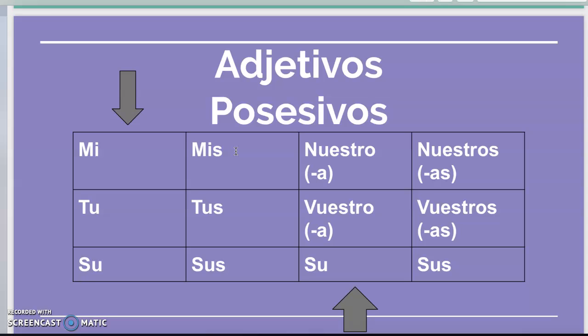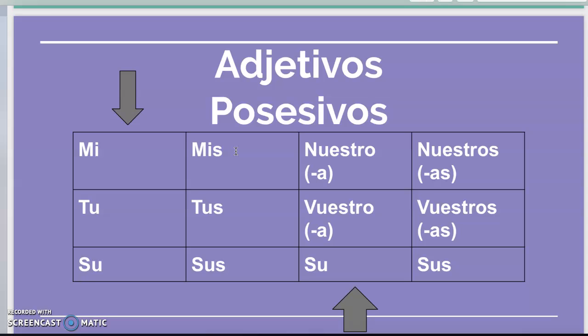Why are there 2 and they mean the same thing? Because, like we have said various times in Spanish, adjectives must agree in gender and number. In English, we don't have so much emphasis on singularity and plurality. But in Spanish, we do. So, mi and mis, we have one that's singular, mi, and one that's plural, mis, but they both translate to my.